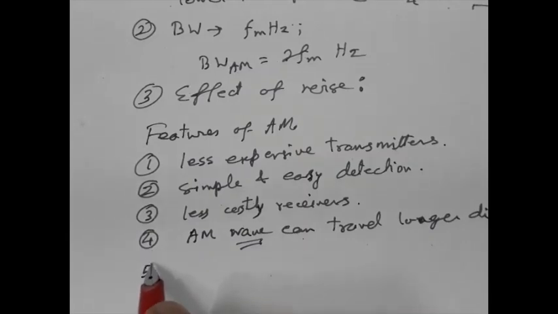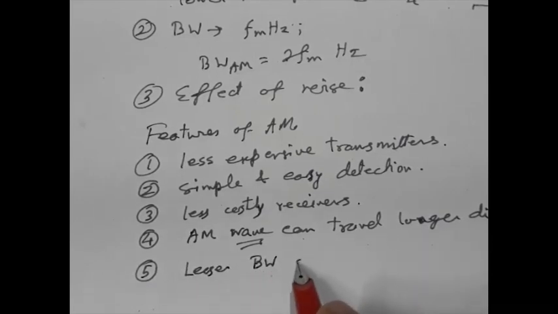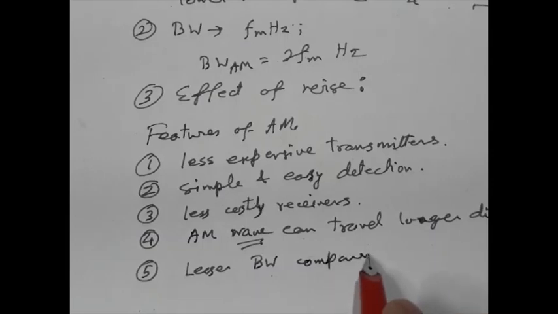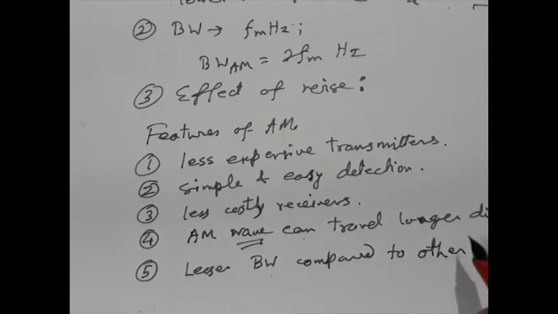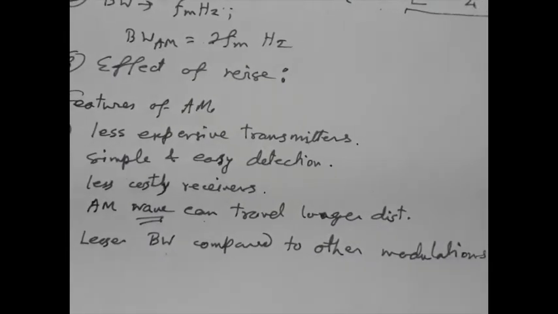And fifth point is lesser bandwidth compared to other modulations. Other modulations means say FM. FM requires very large bandwidth. We will see later on.